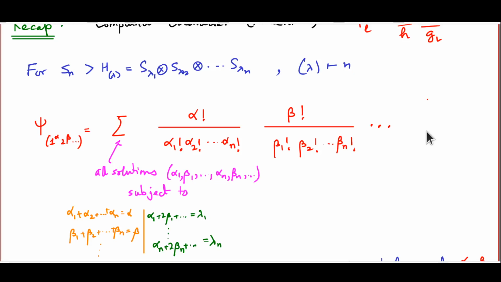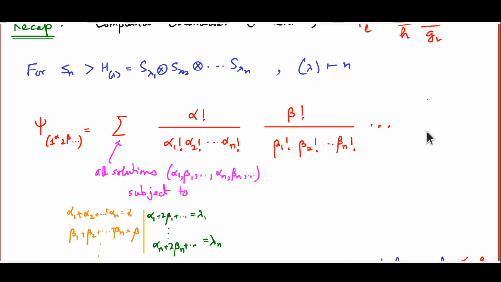And also, since you are talking of alpha 1 1-cycles, beta 1 2-cycles, gamma 1 3-cycles, etc. inside S lambda 1, they must satisfy alpha 1 plus 2 beta 1 plus 3 gamma 1 and so on equals lambda 1, and so on, right down to alpha n plus 2 beta n plus 3 gamma n and other terms equals lambda n. Now, it is a fact that you have to adhere to these constraints and find all possible solutions to these constraints, and only then use this sum. That makes using this formula slightly difficult.